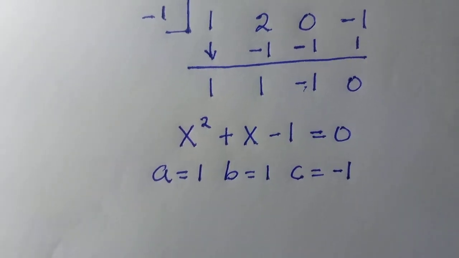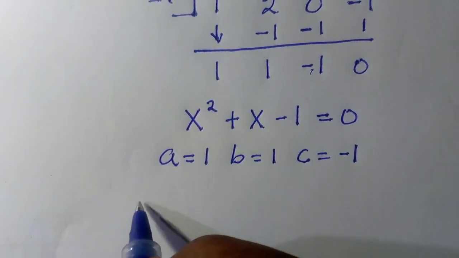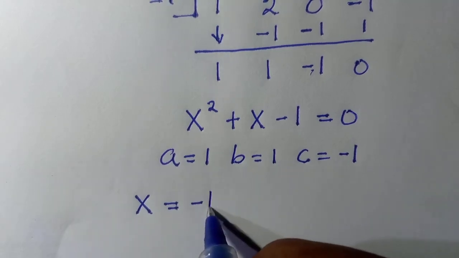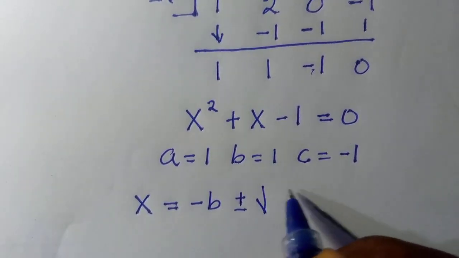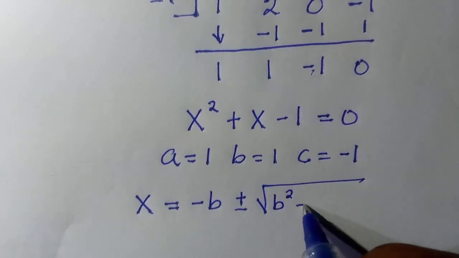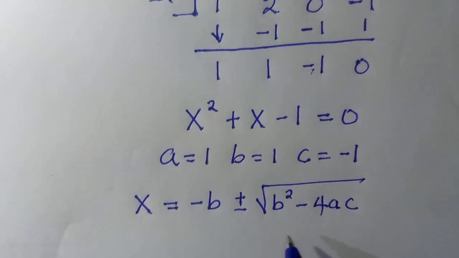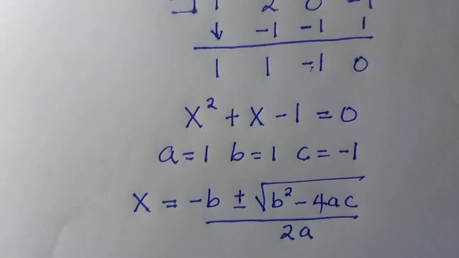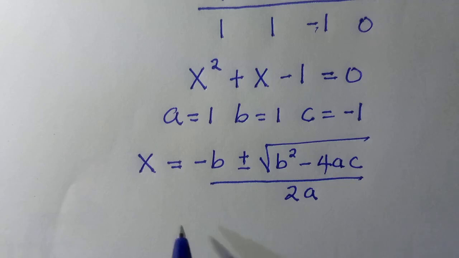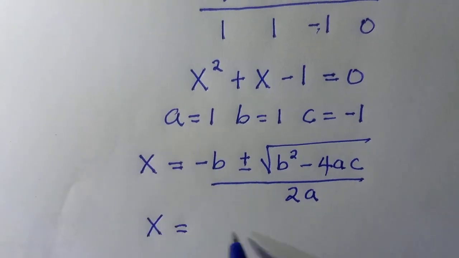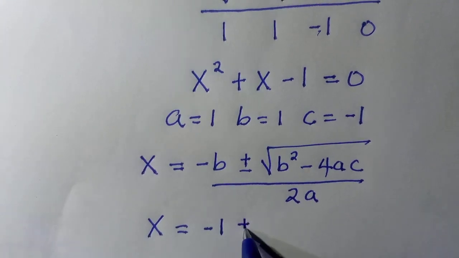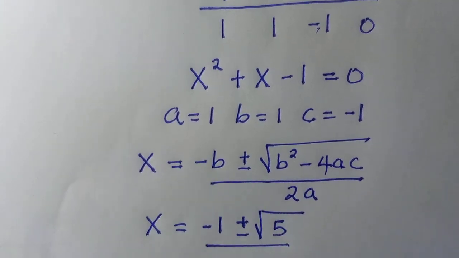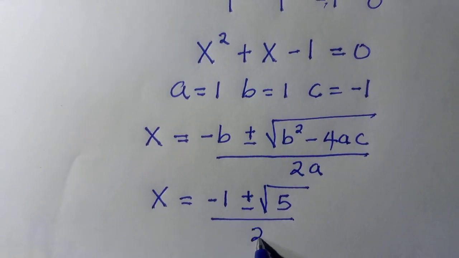Having all these values, by substituting them in the quadratic formula, x = (−b ± √(b² − 4ac)) / 2a, what we get last is x = (−1 ± √5) / 2.